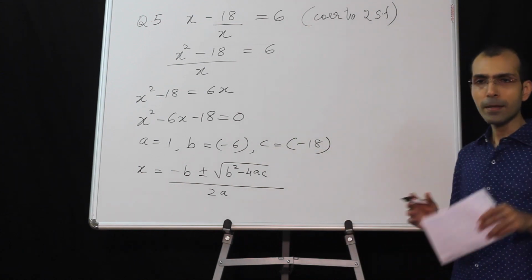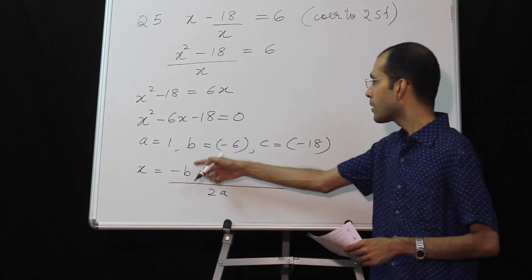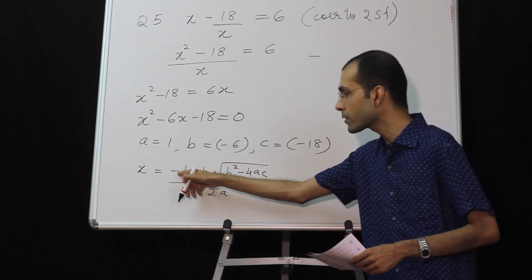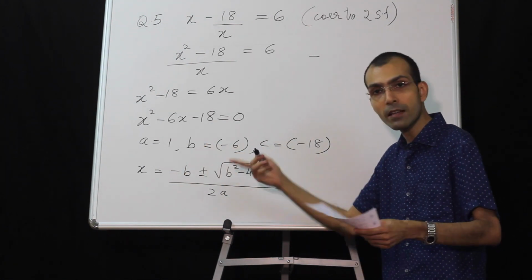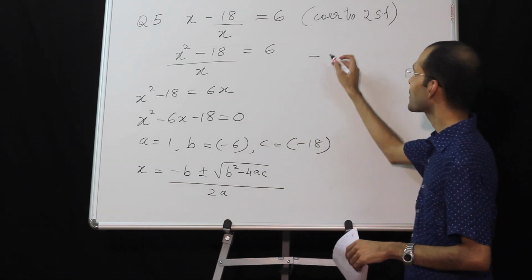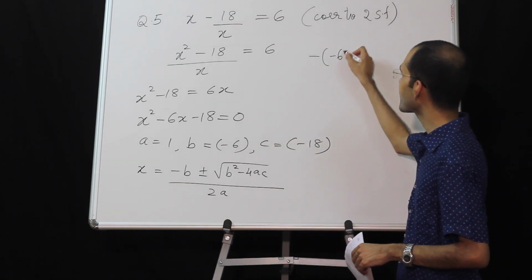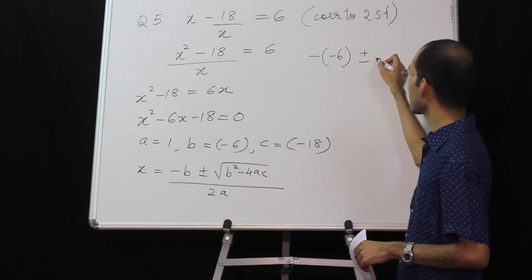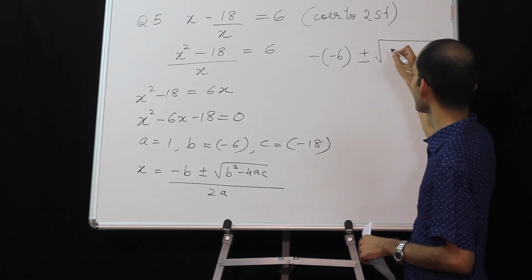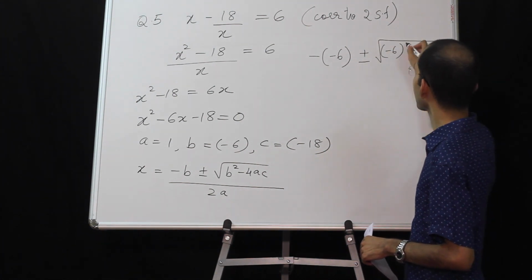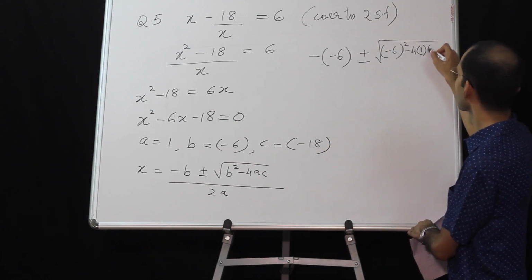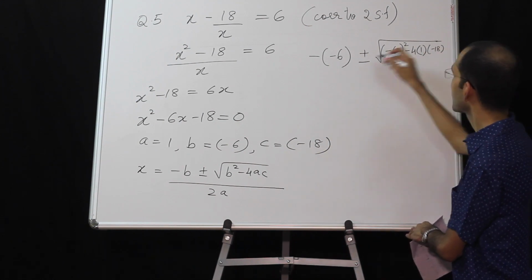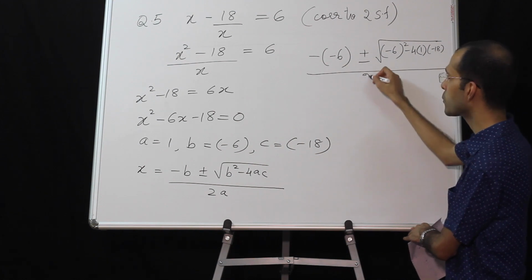Now let us substitute. 1 minus comes because of the formula. B itself is minus 6. So minus of minus 6 plus or minus root of b square minus 4ac, the whole divided by 2a.